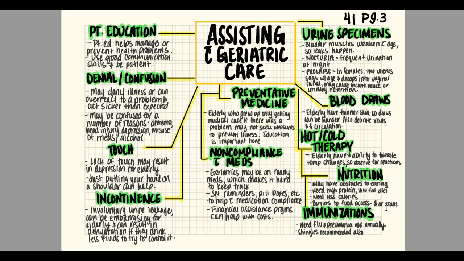Touch, this goes back to what I was just talking about a few minutes ago. A lot of geriatric patients have a severe lack of touch, so touch is important to our geriatric population. And the lack of touch may result in depression for elderly. So simply putting your hand on their shoulder can help turn their whole day around and can help show compassion and caring on a whole other level for them.